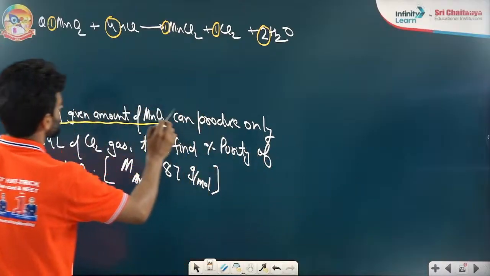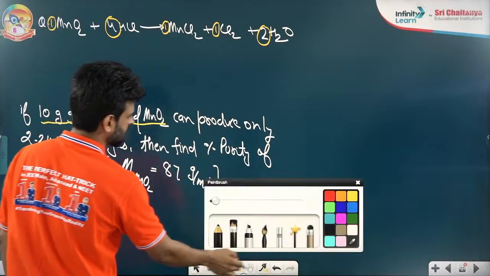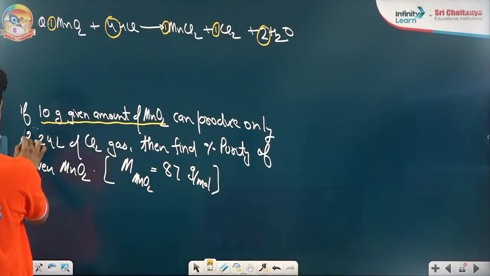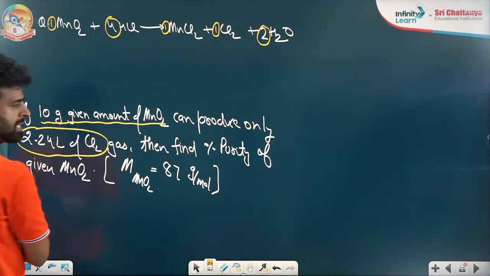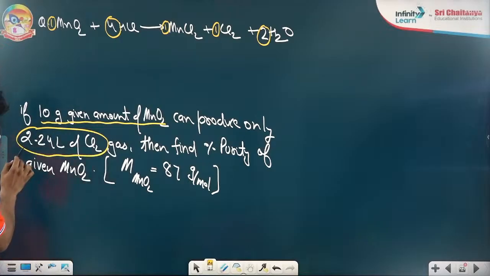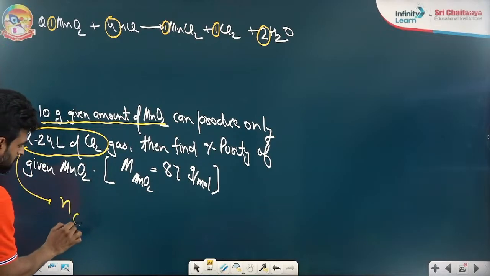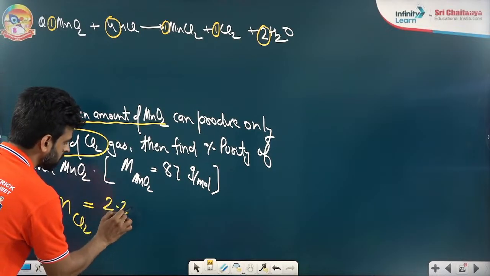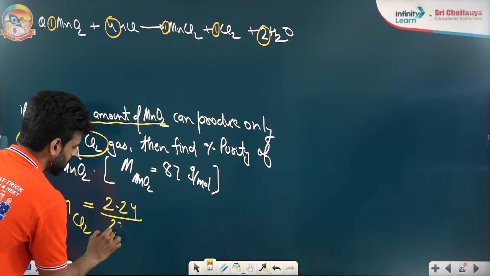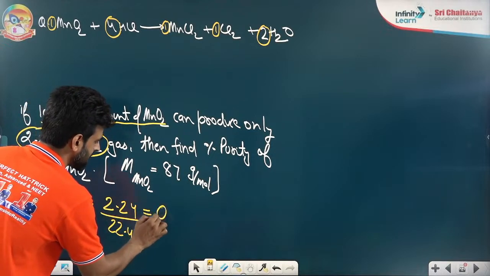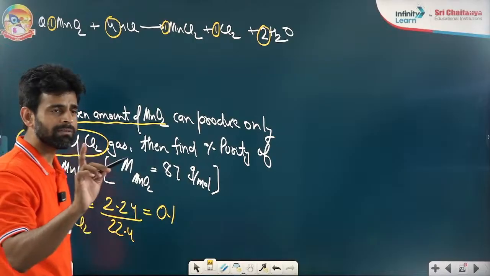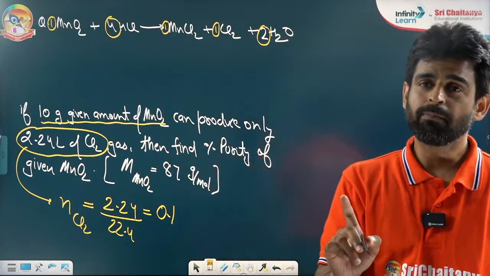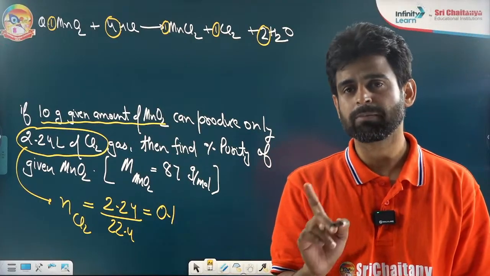First of all, tell me how much Cl2 gas is produced. 2.24 liter of Cl2 gas, right? How many moles are there? If I want to find how many moles of Cl2 gas are present here, it is 2.24 liter divided by how much? 22.4. So I can say that 0.1 mole of Cl2 gas is produced.